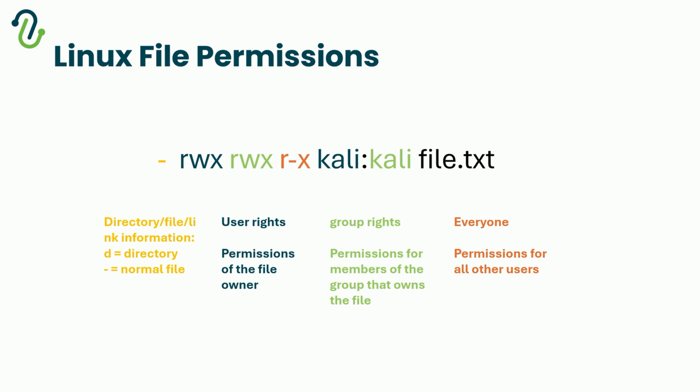Okay. Then we've got the group rights. And we can see that anyone in the Kali group of users would have read, write, and execute permissions as well. So that's our second set of permission letters. And then the third lot is everybody else on the machine.